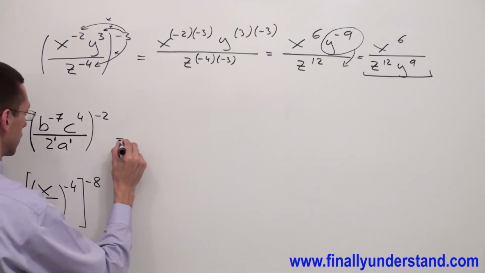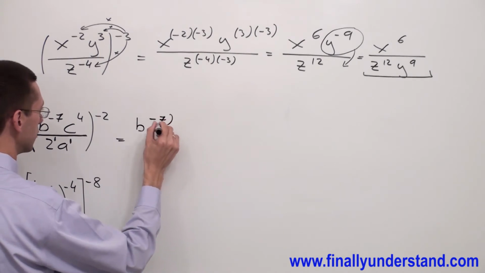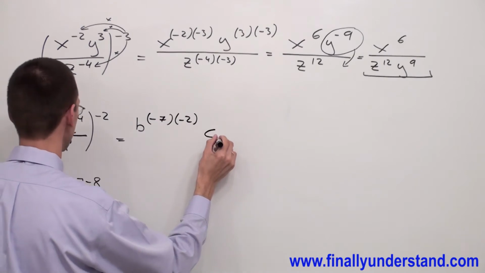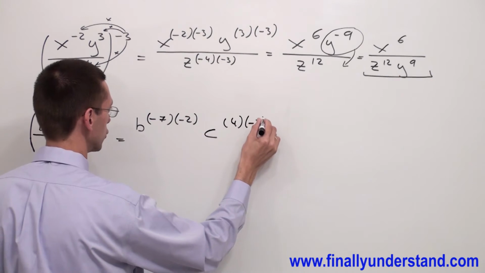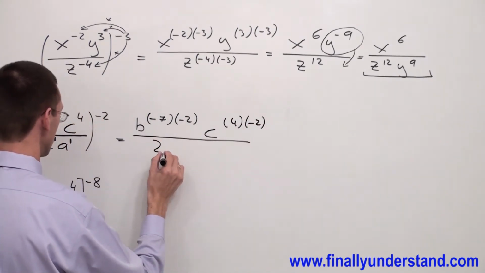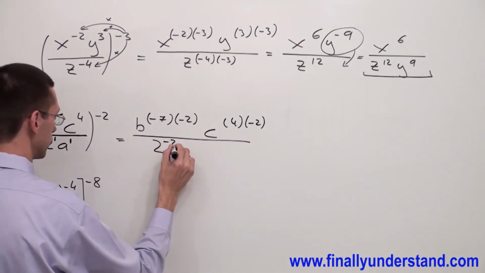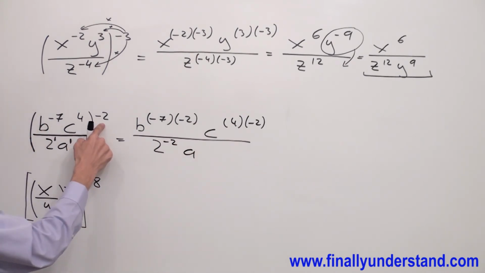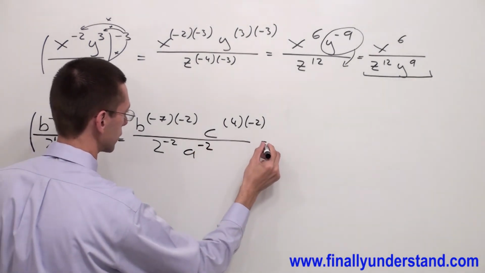So that's why I'm going to have b to -7 times -2, c, 4 times -2, over 2, 1 times -2 is -2, a, 1 times -2 is -2, equals.